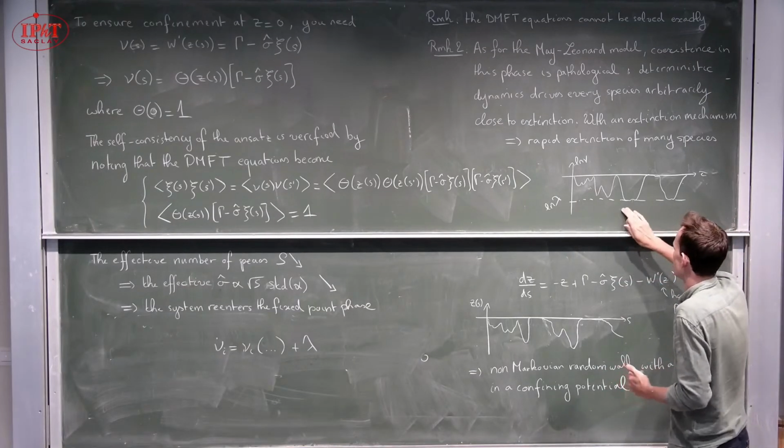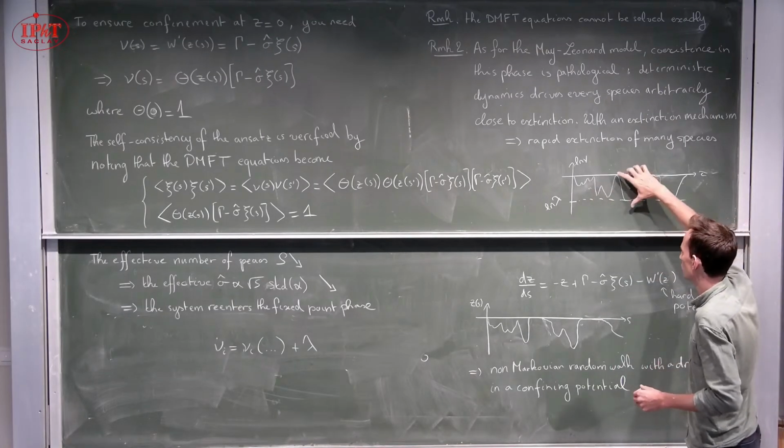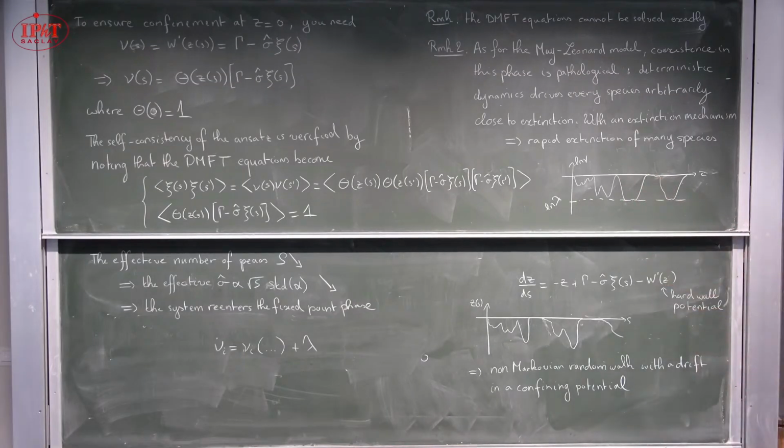And you get a typical time scale that scales with the logarithm of lambda, which is the time it takes for exponential growth to go from 1 to lambda and from lambda to 1. That I'll discuss a bit more in detail next week.